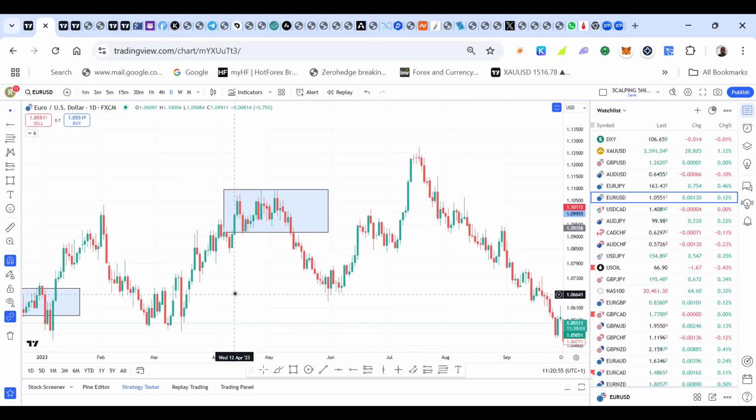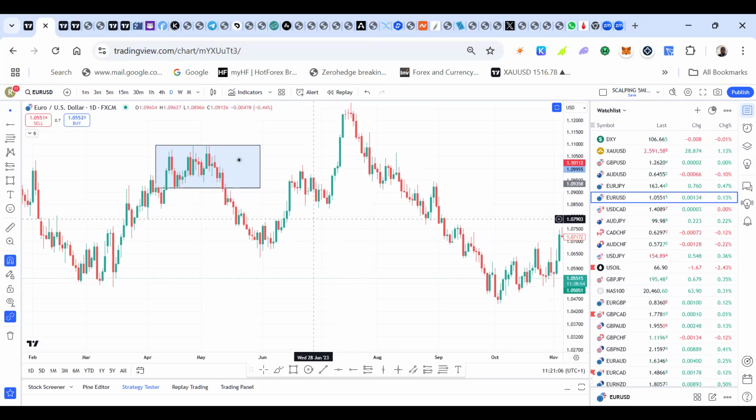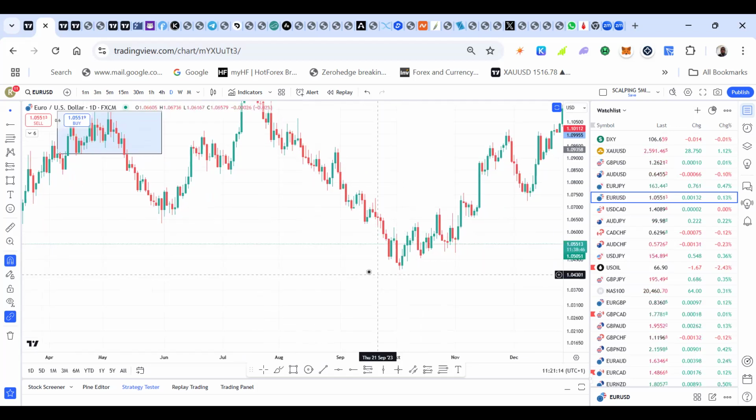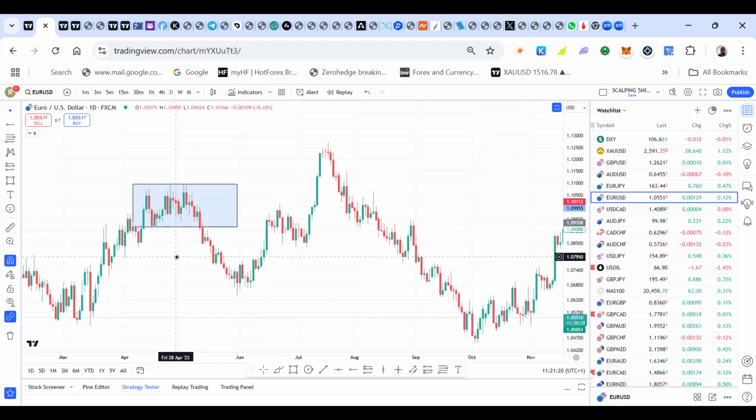So this guy came, it could not take out the previous low, and it went further up again, and it took this previous high, okay? So this was another low formed. After that, the market came down, took this low, and came and did a retest. Then it started going down, but the down journey was not too long, you know. So this is just to show you what a consolidation is.